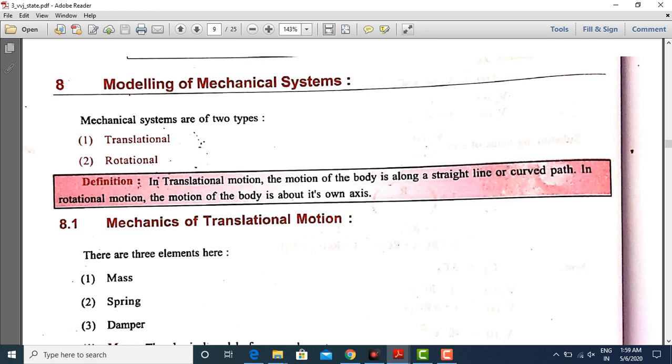So modeling of the system. Mechanical system, I have already told there are two types, translational and rotational. In translational motion, the motion of the body is along the straight line or curved path. In a rotational motion, the motion of body is along its own axis.